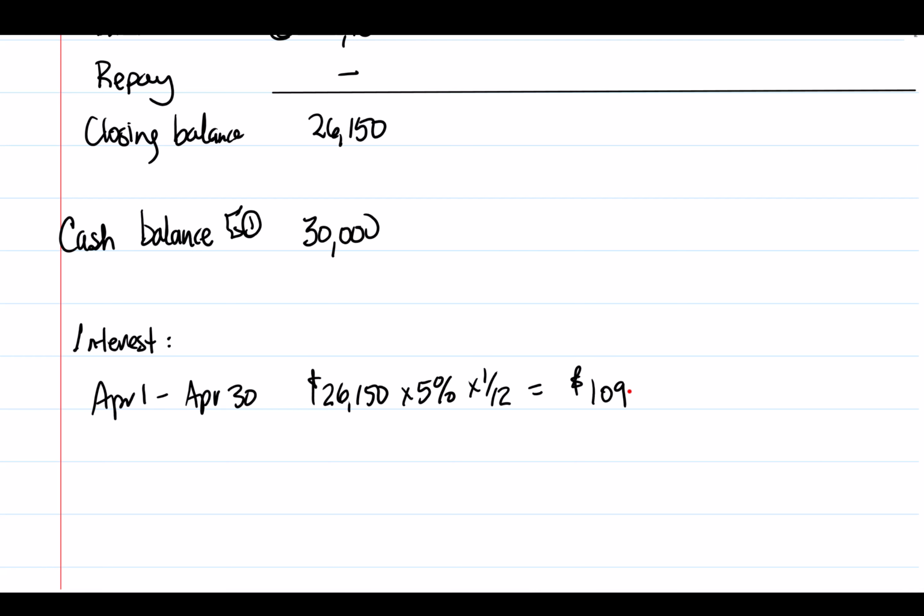Gotta love when you go back to accrual accounting. Debit interest expense, credit interest payable for the $109. So when we go to do our balance sheet, we're going to need to pick up the account interest payable. When we go to do our income statement, we're going to need to pick up the interest expense.